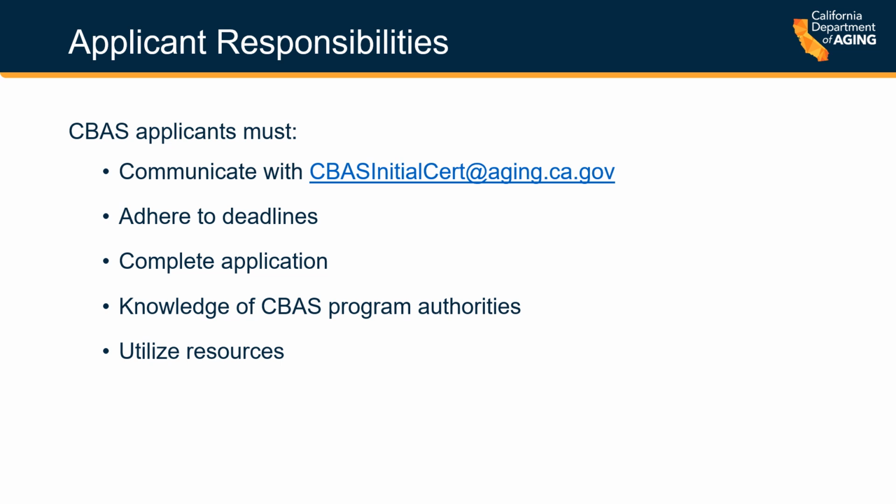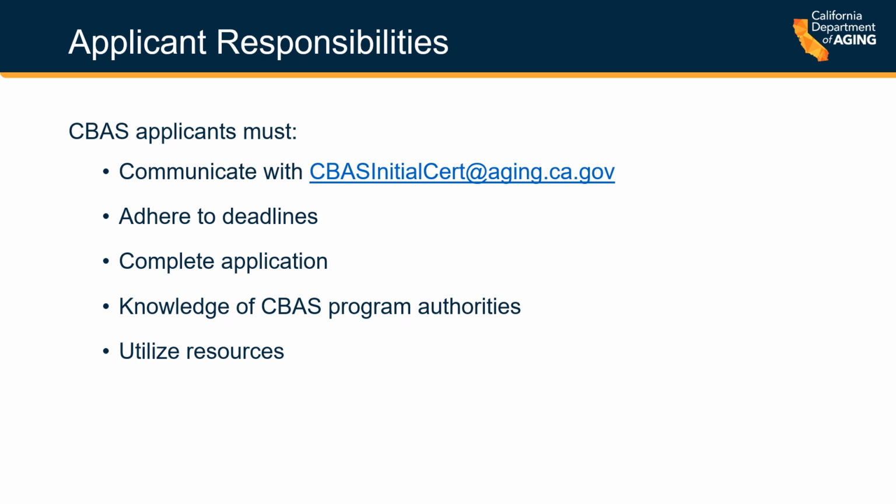You must adhere to deadlines. You must provide complete and accurate information. You must be knowledgeable of CBAS program authorities to ensure you submit a complete application and maintain compliance once certified. You must utilize resources such as the previously shown CDA website.